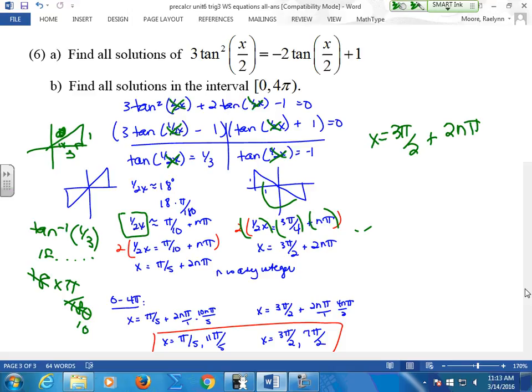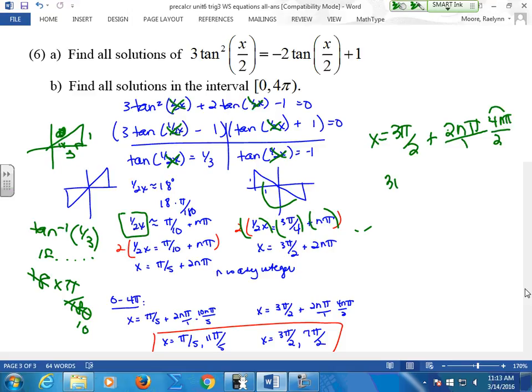How do I make this a fraction? Put it over 1. My fractions say my denominator has to be the same, right, for me to add? So what's my common denominator? 2. So 1 times 2 gives me 2. So 2 times 2 gives me 4n pi. So each time I'm technically adding 4 pi.